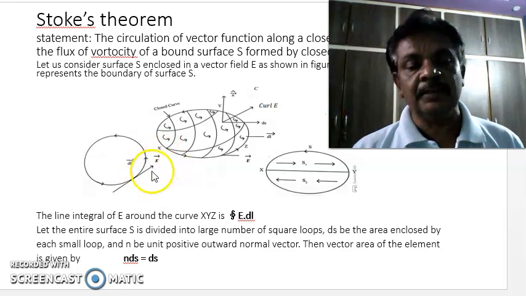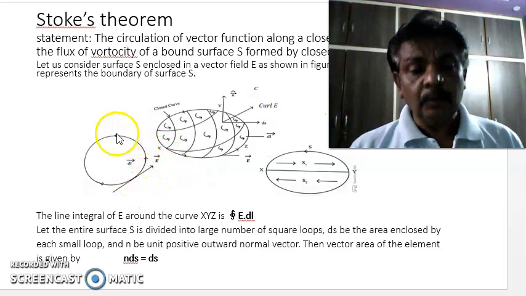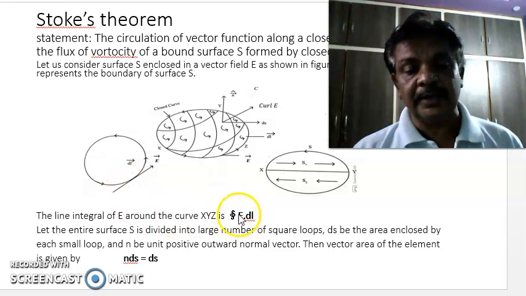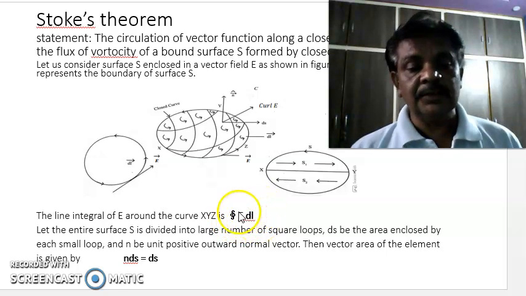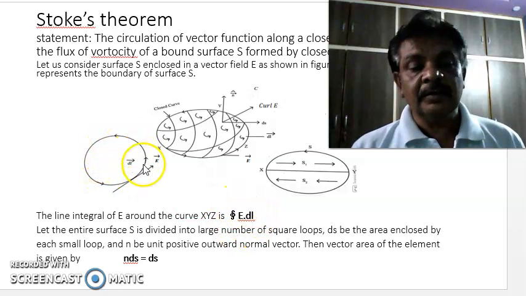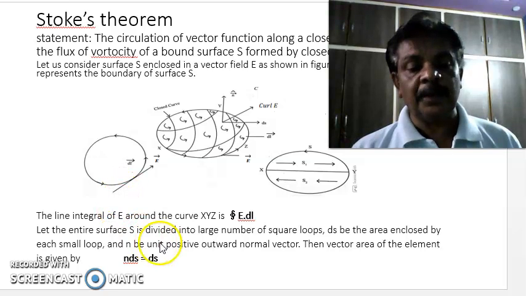Now the closed line integral of curve C is given by the closed line integral of E bar dot dl bar. This is the closed line integral of a vector function in a closed path.